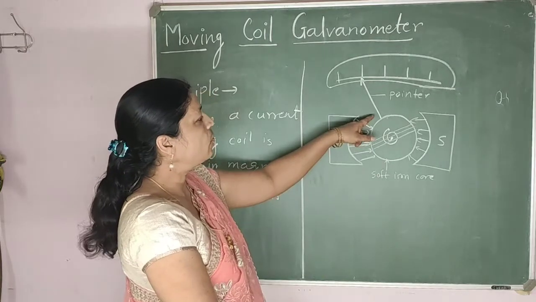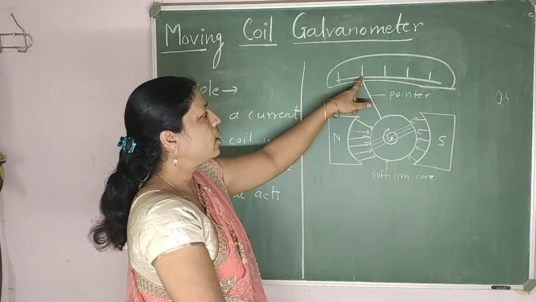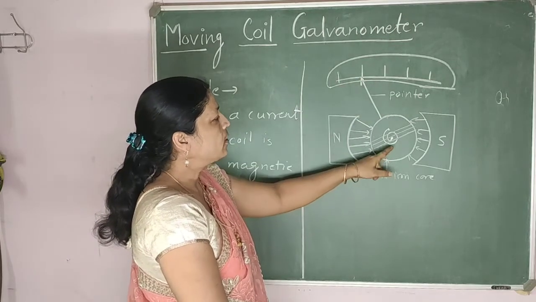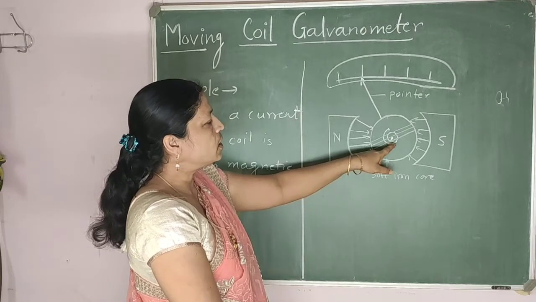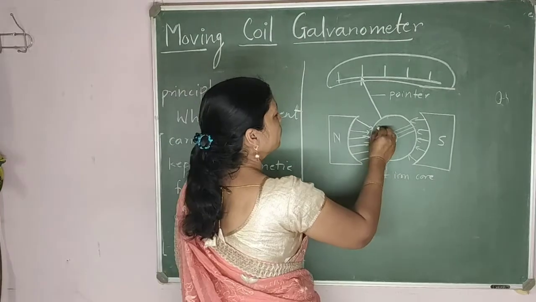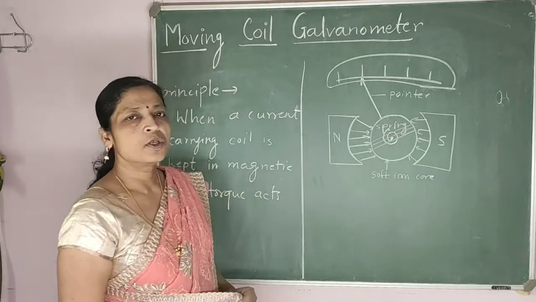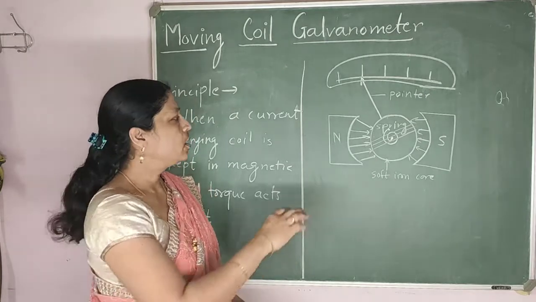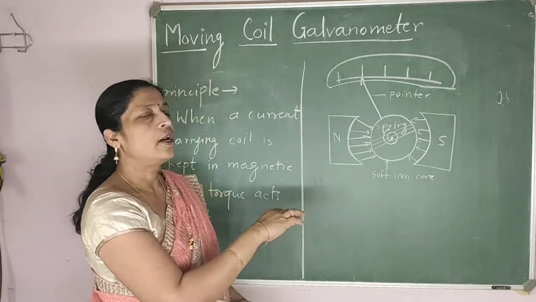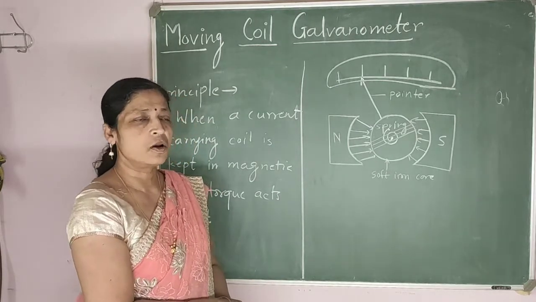At the other end of the coil, we have a pointer which shows the reading on the scale, and below the coil, it is connected with a spring. This spring will produce a counter torque, so that the coil which gets rotated gets balanced at one point. That we are going to see in the working.